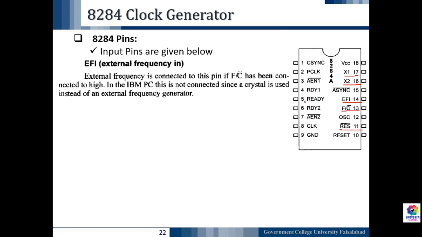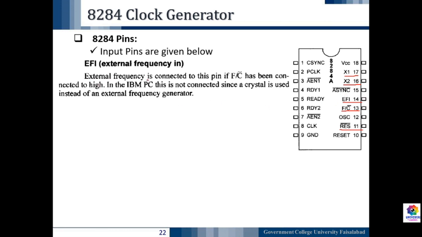As we have discussed, the 8284 gives us the facility to use either the crystal oscillator or an external frequency source. The crystal oscillator is connected through the X1 and X2 pins, pin numbers 16 and 17, while the external frequency source will connect through this pin, EFI, which is pin number 14.